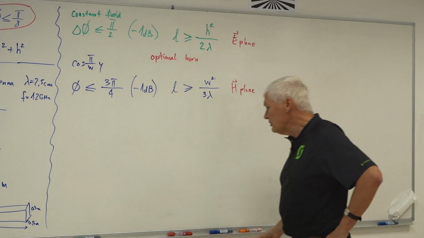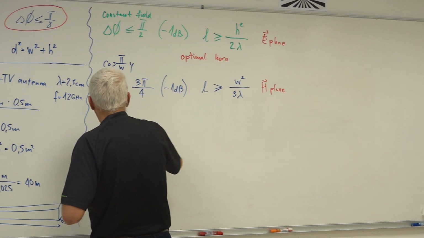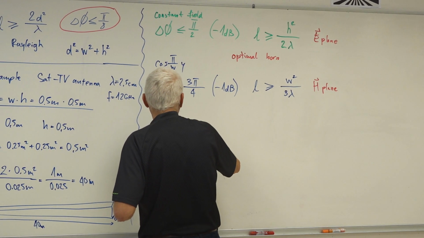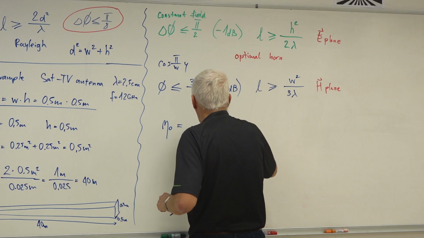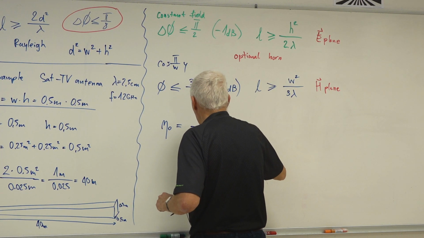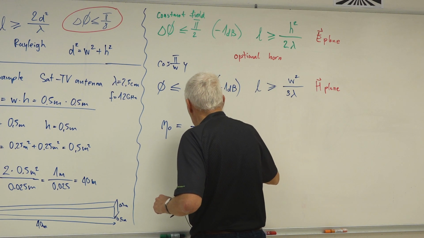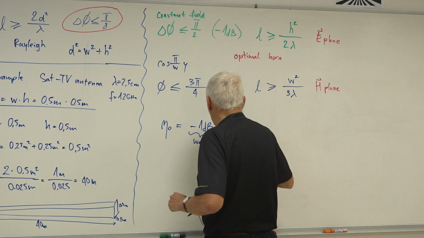So what is my calculation now? Here my illumination efficiency is going to be approximately -1 dB for the waveguide. That has a cosine of pi a over y.